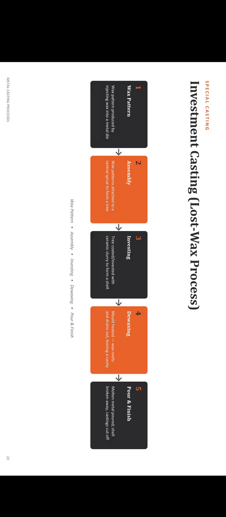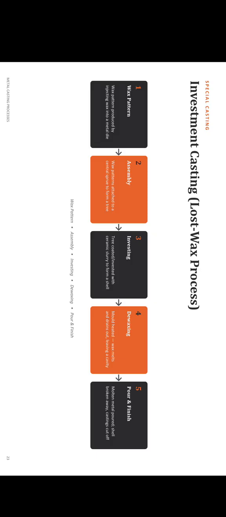Investment casting, or lost wax process. There are five steps: wax pattern, assembly, investing, dewaxing, pour and finish. Wax pattern: produced by injecting wax into a metal die. Assembly: wax patterns are attached to a central core to form a tree.